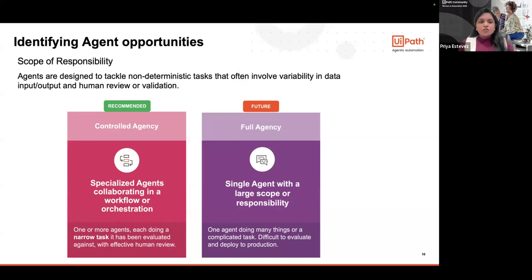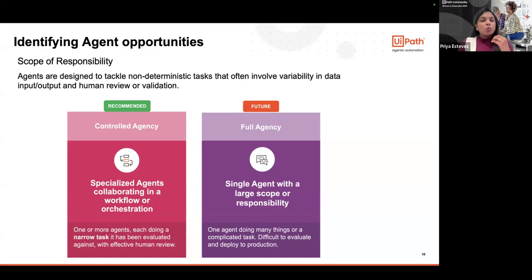But the recommended approach here is to have a controlled agency, because these agents are meant to tackle only non-deterministic tasks that can have different variations in your process, because you could handle the same process in multiple different ways. So you can have a specific controlled agency that works specifically for that business process.